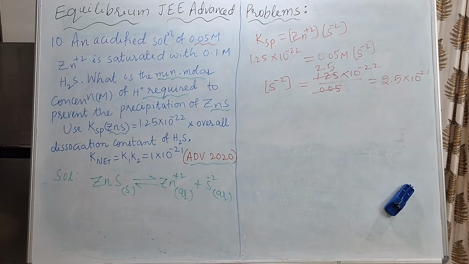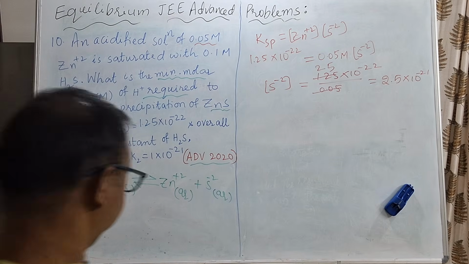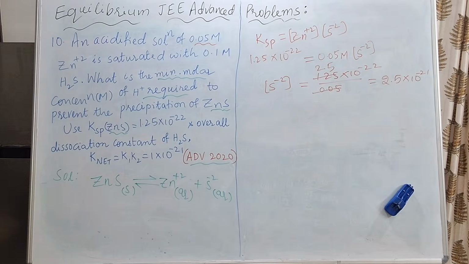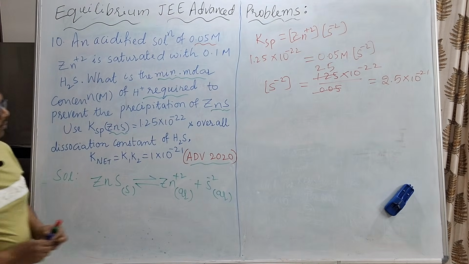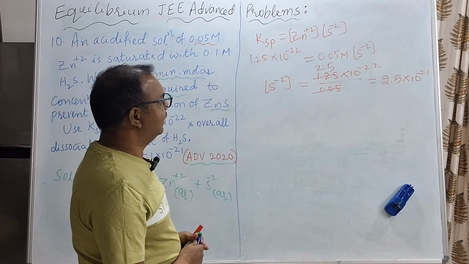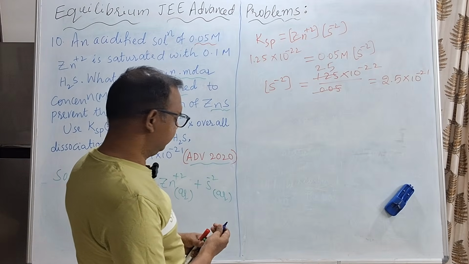Now the sulfide concentration, we are going to write, is 2.5 into 10 power minus 8.